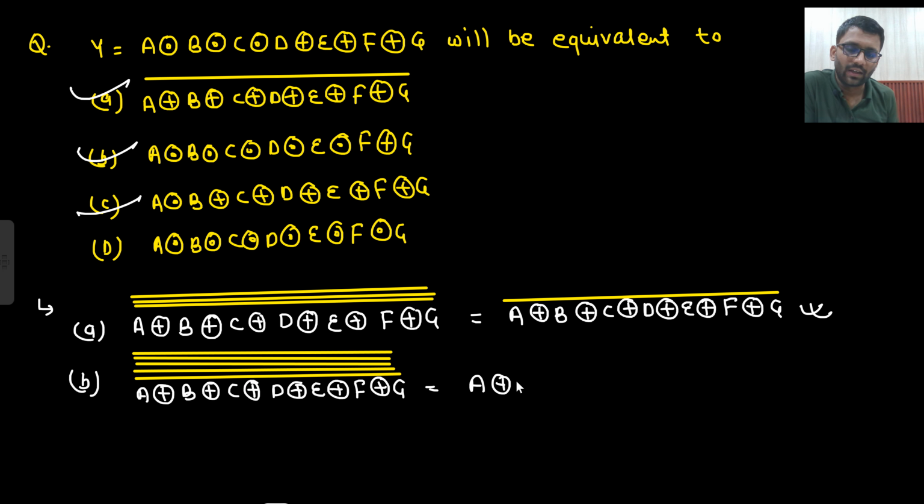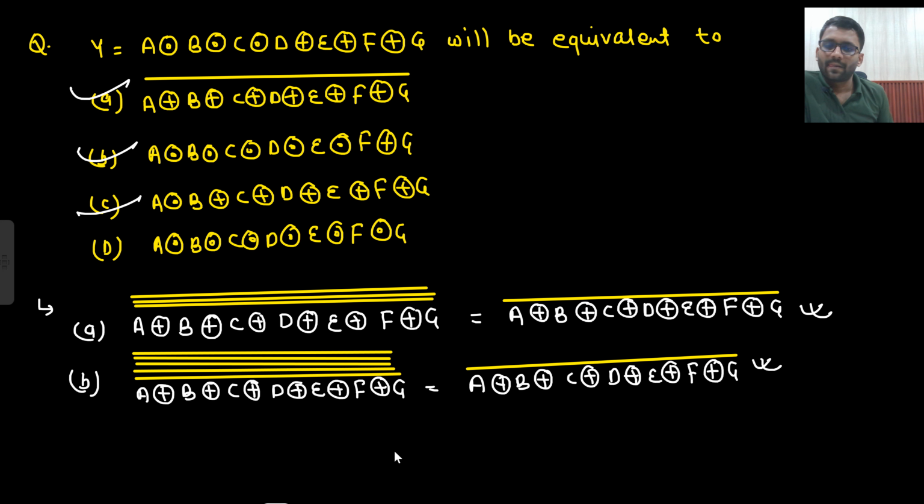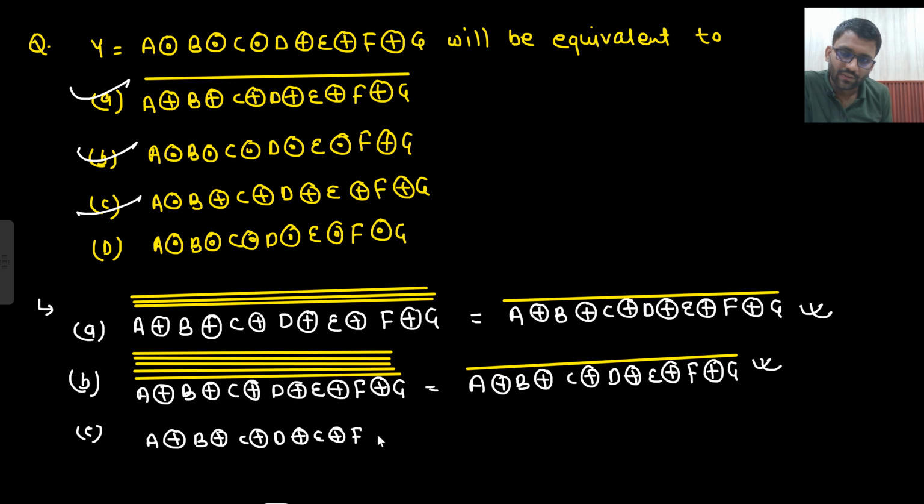So basically A XOR B XOR C XOR D XOR E XOR F XOR G. So this is equivalent to this only, right? And for C, only 1 bar I need to take. So A XOR B XOR C, XOR D, XOR E, XOR F, XOR G. Only one dot is there, so only one bar I need to take. So this is also equivalent.